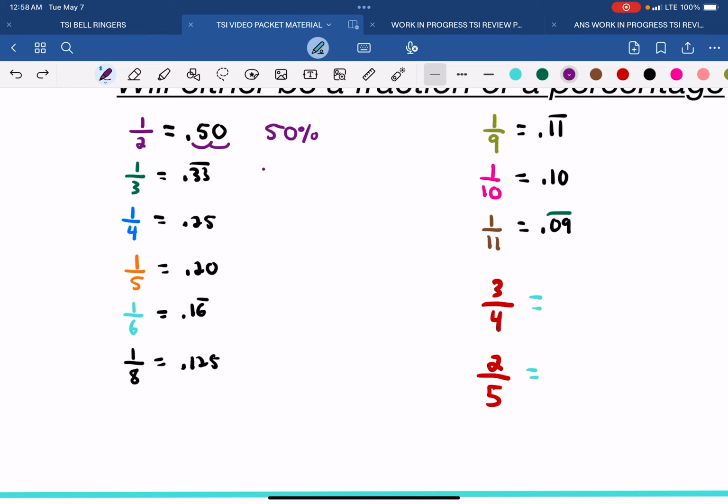1/3, we move the decimal twice, is 33. But since it's repetitive, that means it keeps on having 0.33.